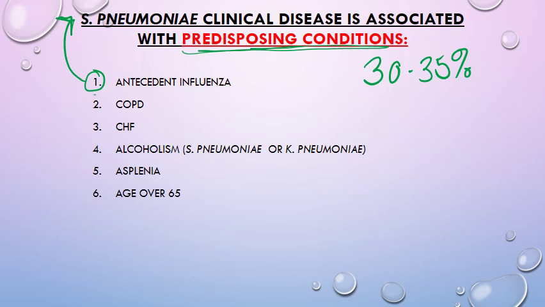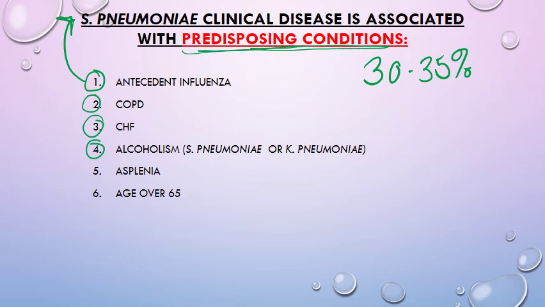A similar phenomenon occurs with COPD, where maybe the cilia aren't working as effectively. CHF, these patients often have trouble fully exhaling, respiratory problems. Anytime you're not having full use of your respiratory function, you are more at risk for streptococcal pneumoniae infections.